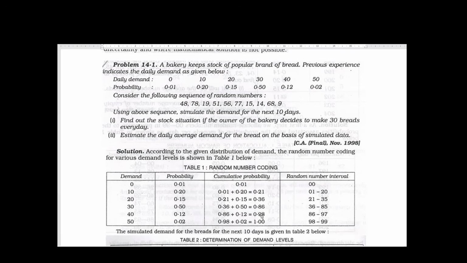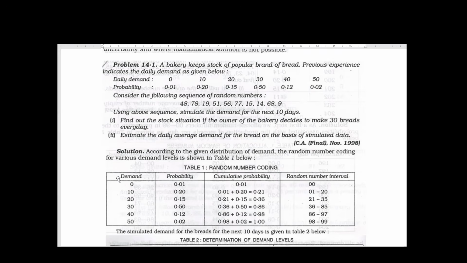For this 98 we will put 97 here, for 86 we will put 85 here, for 36 we will put 35 here, for 21 we will put 20 here, and for 1 we will put 0 here. So you will subtract 1 and put the numbers, and then we will complete these intervals: 0 then 1 then 20 here, 21 here, 35, then 36, 85, 86, 97, 98.